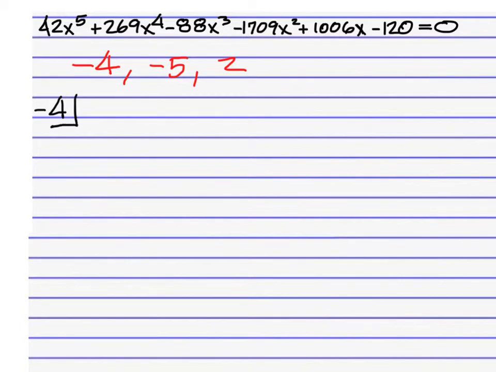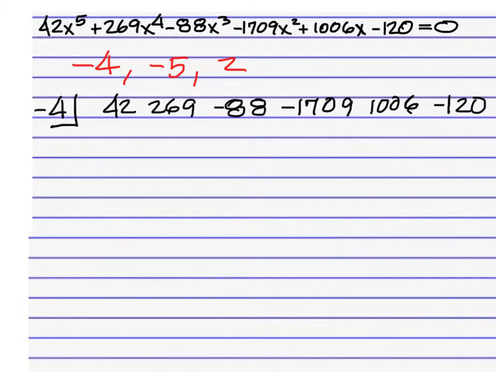If I divide negative 4 into 42, 269, negative 88, negative 1709, 1006, and negative 120, I'll have to draw a line and drop down the 42.